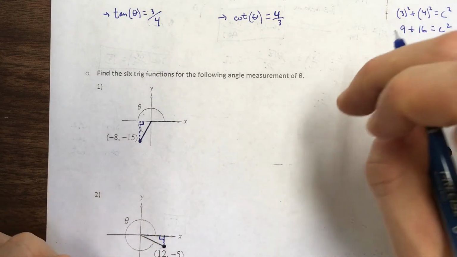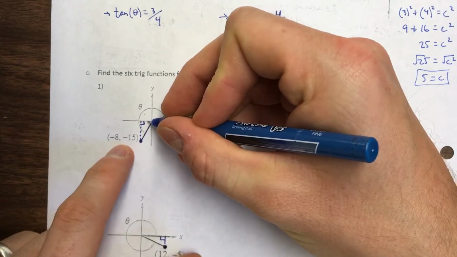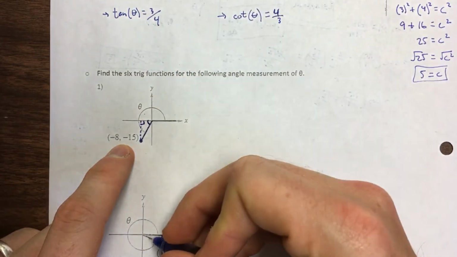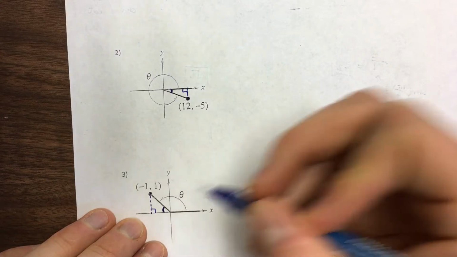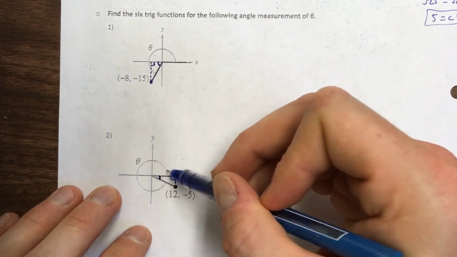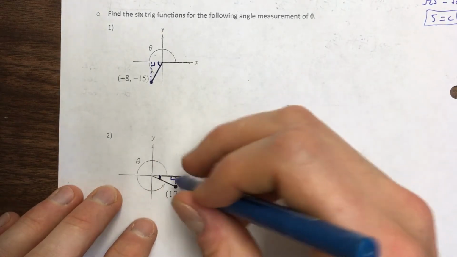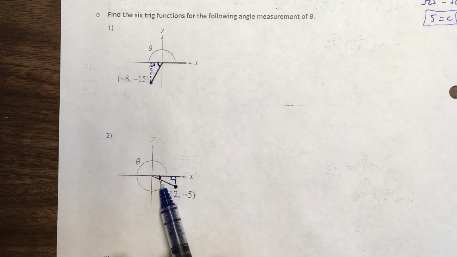Then we're going to use what we call a reference angle for theta. Our reference angle will always be the one closest to the origin. Yes, theta is this entire angle, but in terms of our triangle, our reference angle is the one closest to the origin.